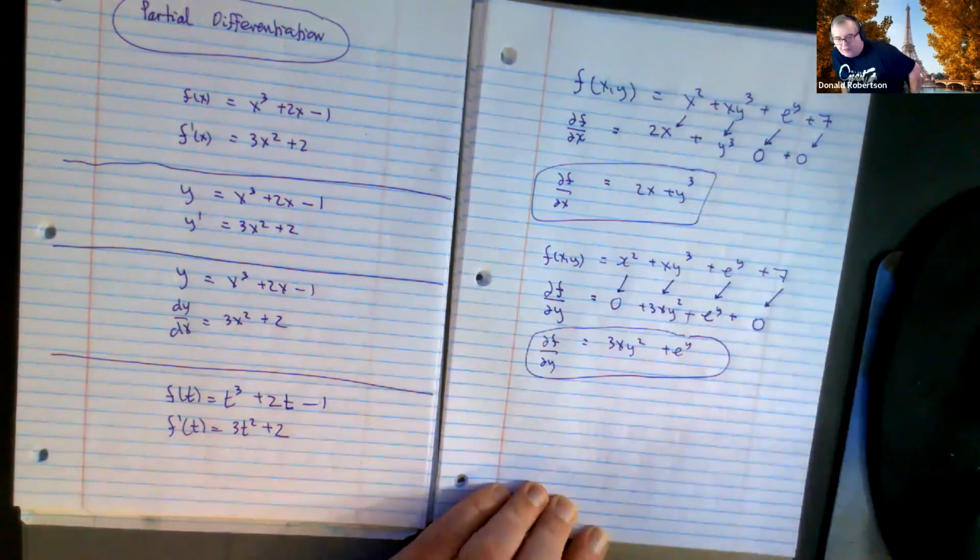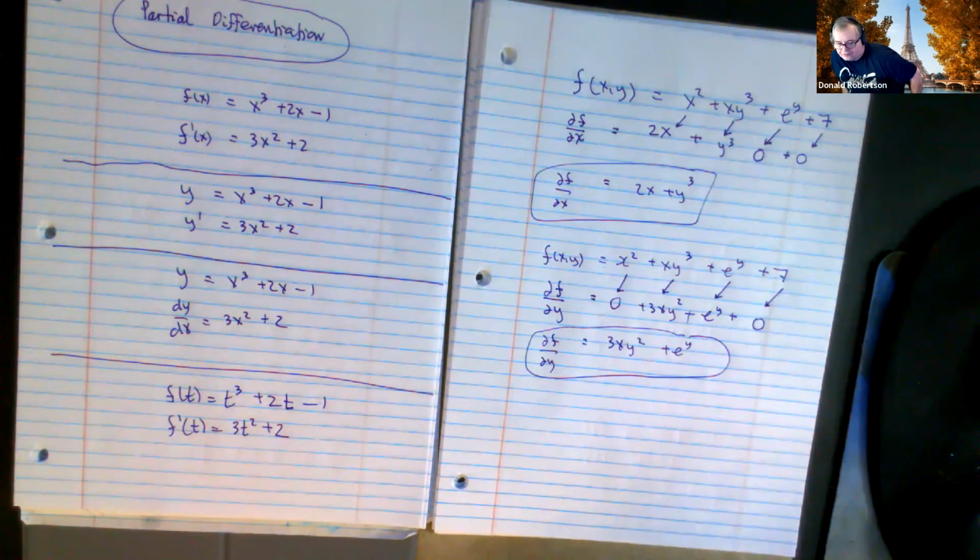Have you noticed that those two partial derivatives are not the same? In fact, they don't even look vaguely similar. You noticed? Does that kind of make sense, that you would probably expect that to happen? When you take the partial derivative with respect to one variable x, it'd be very rare that you'd get the same answer if you did it with y, right?